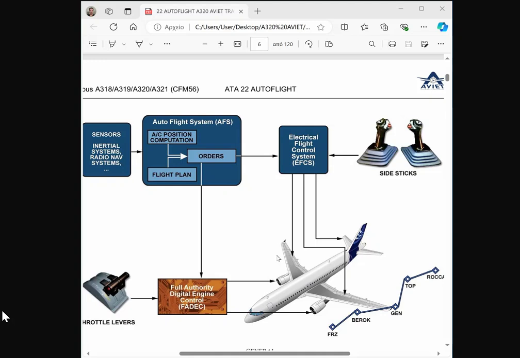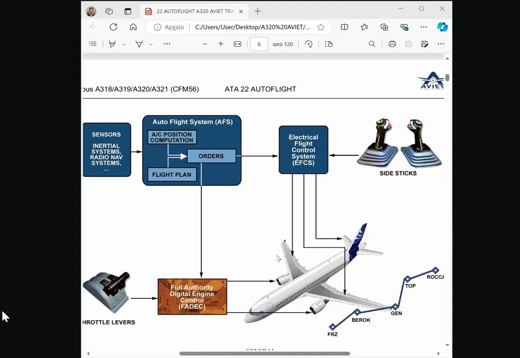This is in case both engines are operative. If one of them is inoperative, it will let you go. In this case you have only one engine. The auto thrust will be engaged only if you are between and above idle, climb, and max continuous thrust.